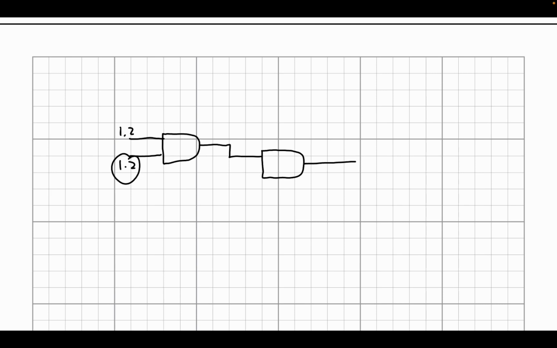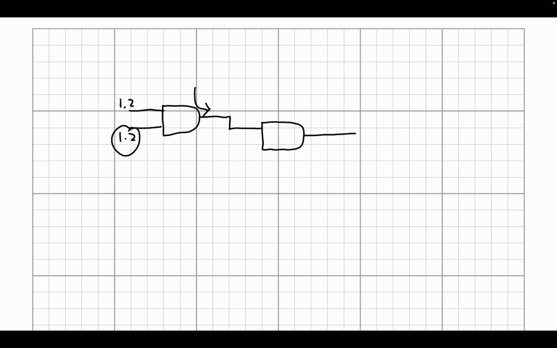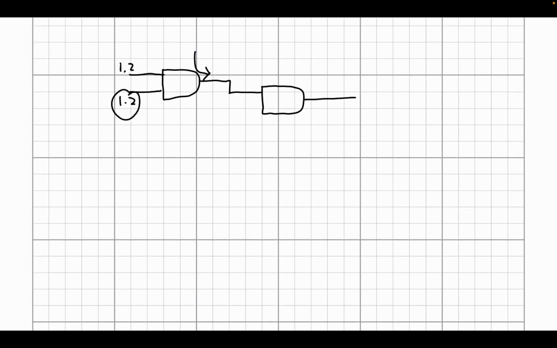When we actually implement this, it's going to basically generate an electrical current that's going to come from our power rails, and it's going to send current onto this intermediate node, or this intermediate wire. And at this end, it's going into another AND gate. And the really important thing about this second AND gate is that it's also implemented with transistors.